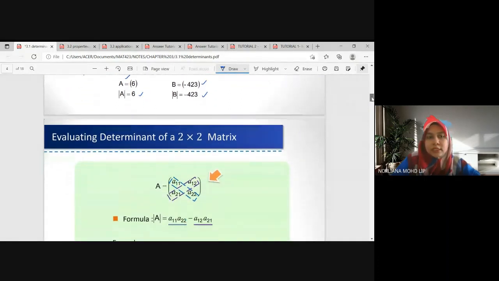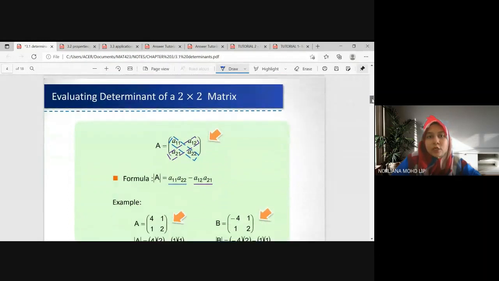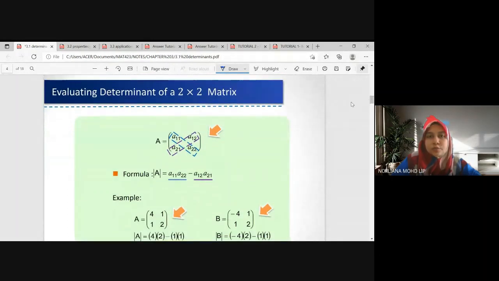Then we look at how to evaluate the determinant of a matrix of size 2 by 2. We use this formula if the size of the matrix is 2 by 2. We have seen this formula before in the inverse of a matrix in the previous chapter, chapter 2.